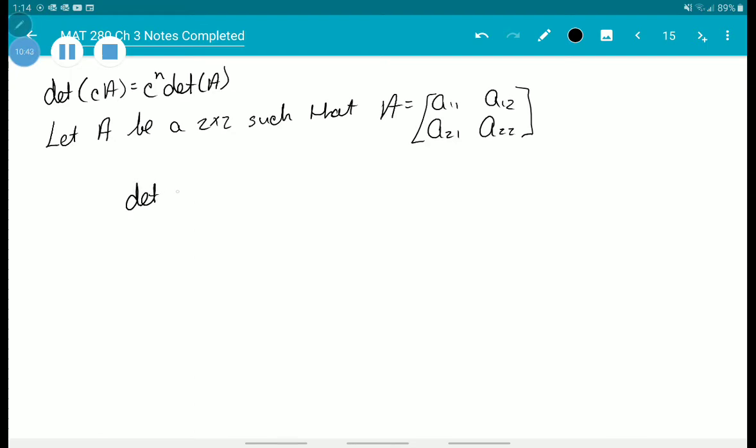So then the determinant of A would be A11, A22, minus A12, A21. It's AD minus BC.